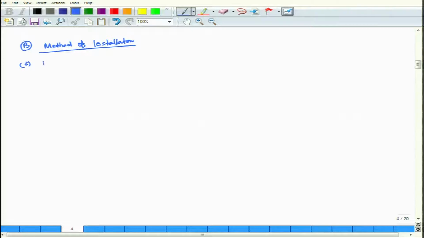First one is your driven pile, second one is your cast in situ piles, third one is your driven and cast in situ piles.